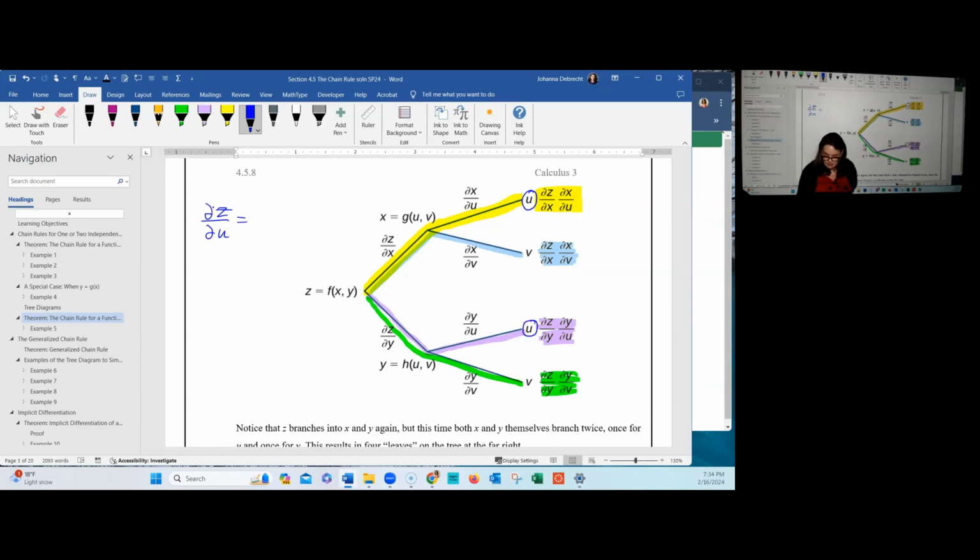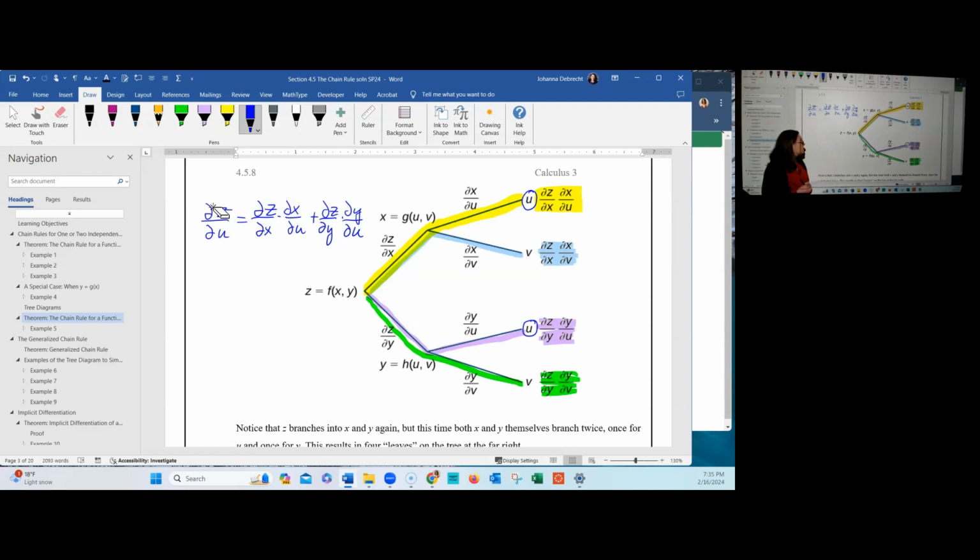In this case, that would give me the partial of z with respect to x times the partial of x with respect to u, plus the partial of z with respect to y times the partial of y with respect to u. In other words, I'm going to follow the yellow and the purple violet paths to get the partial derivative of z with respect to u.